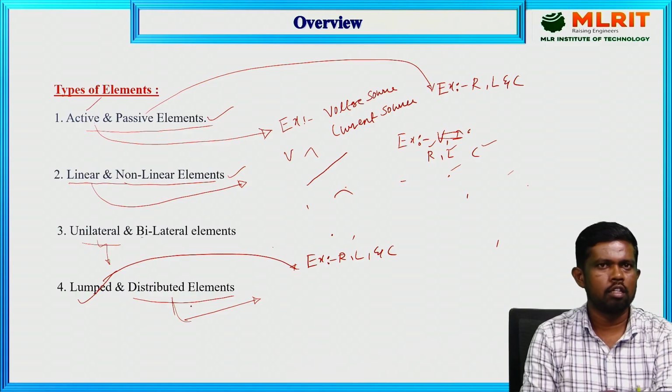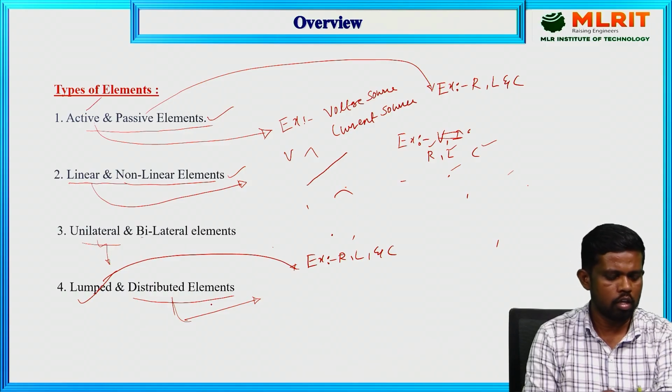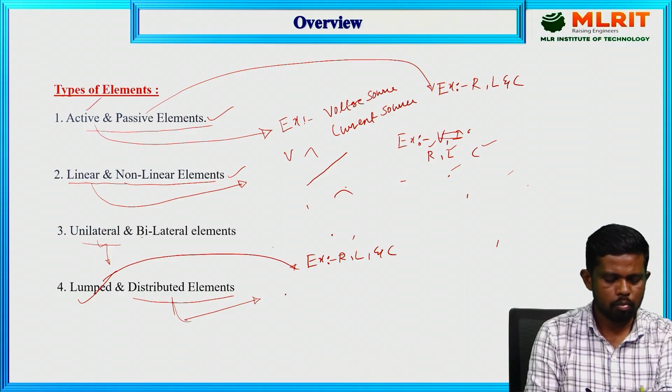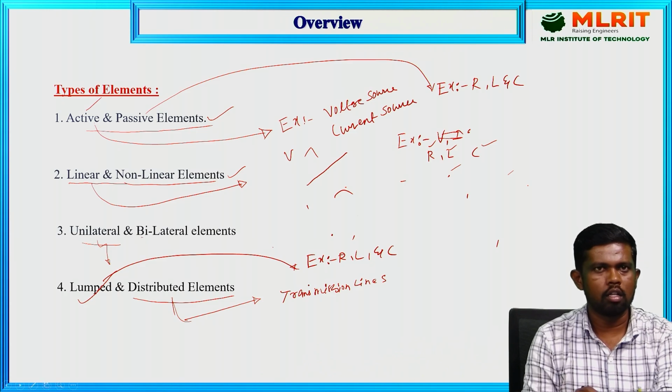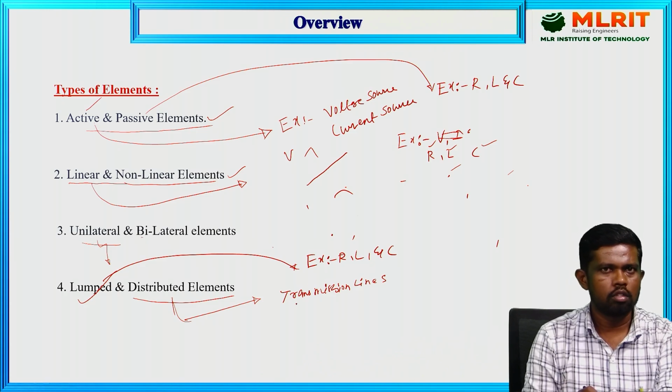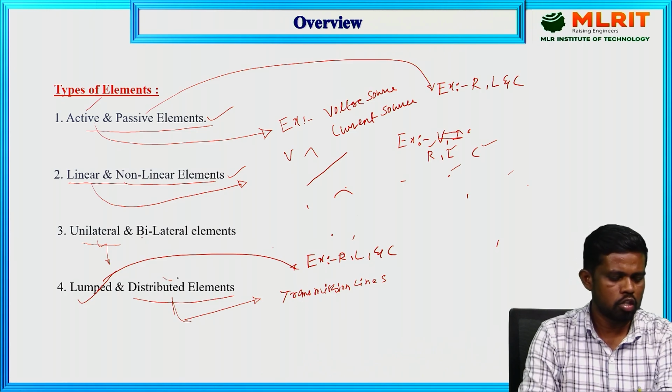Examples are electrical transmission lines. Transmission lines are made up of resistor, inductor, capacitor, equally distributed from the sending end to the receiving end, but the elements cannot be seen or physically separated. Hence these are called distributed elements.